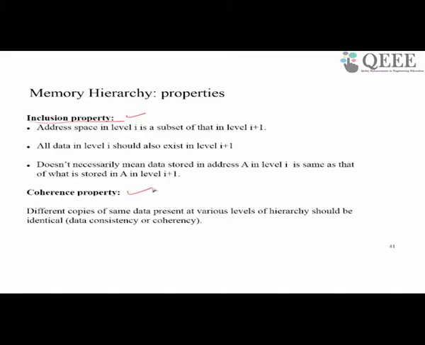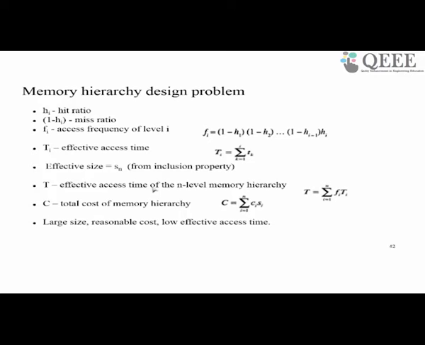So, all copies should be identical, but the incoherency can be allowed for some time for the purpose of efficiency, but eventually you should see to it that either the processor or the external device that accesses, accesses the coherent data.